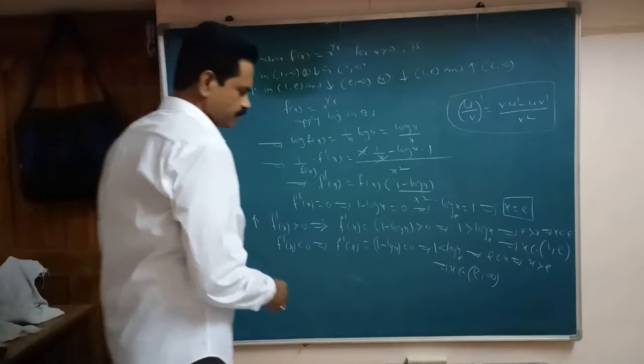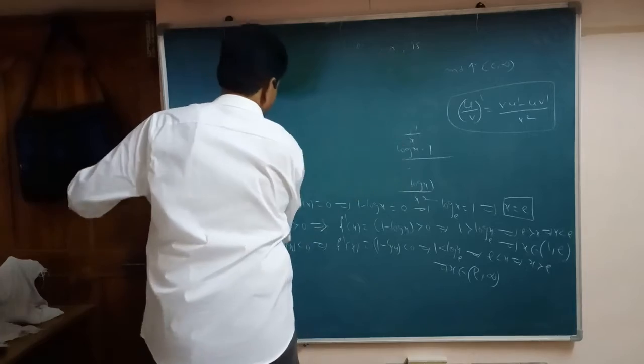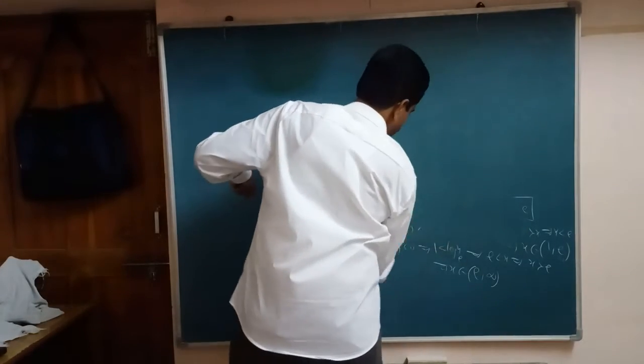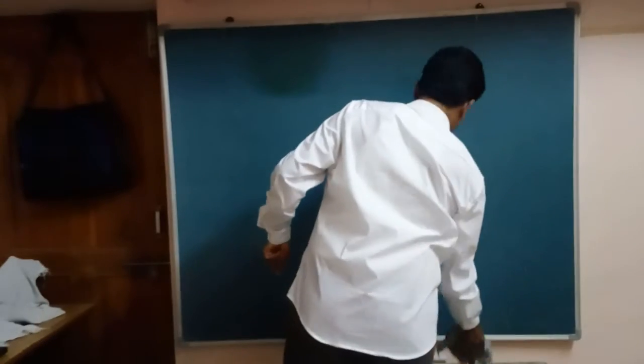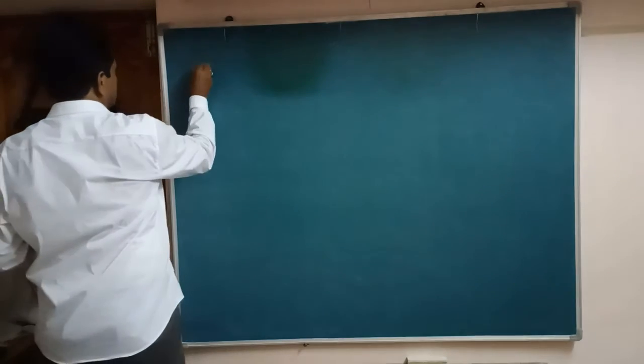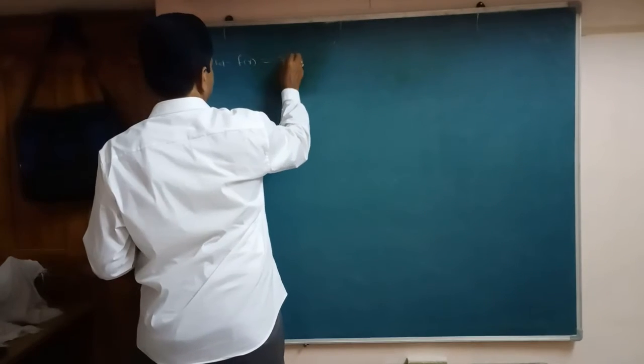Next, sixth problem. Let f of x equal to sin power 4x plus cos power 4x.